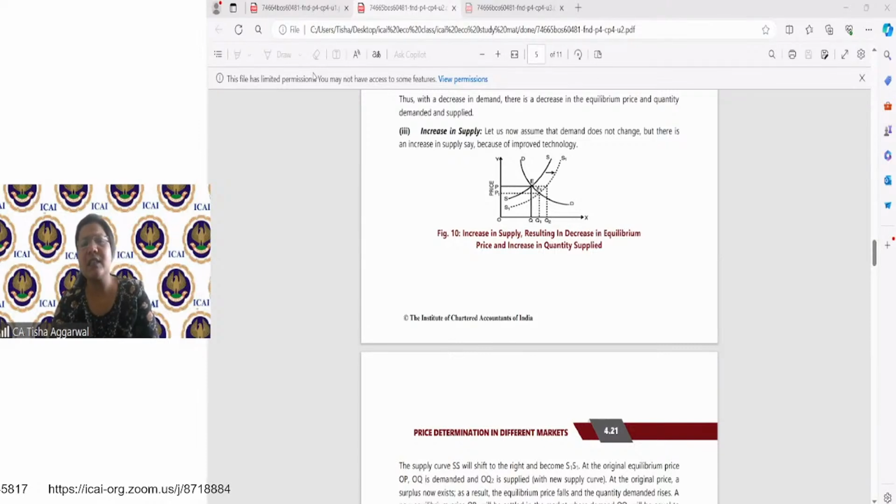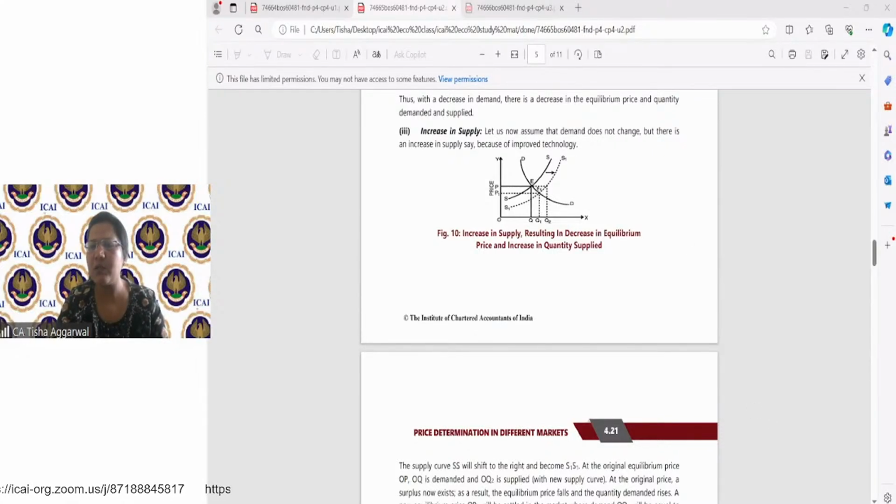Ishika says increase in supply will lead to decrease in price and, don't say demand, say quantity. So she says that in increase in supply, the price will go low and the quantity will go high. Okay, perfect. So I hope this is clear to everybody.